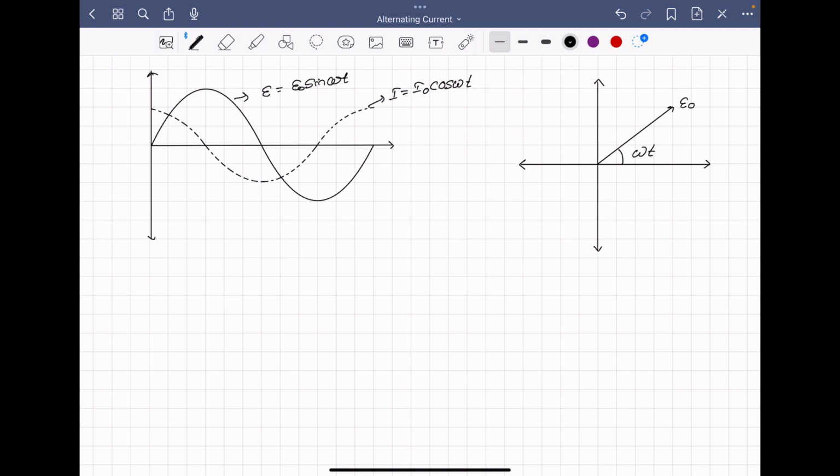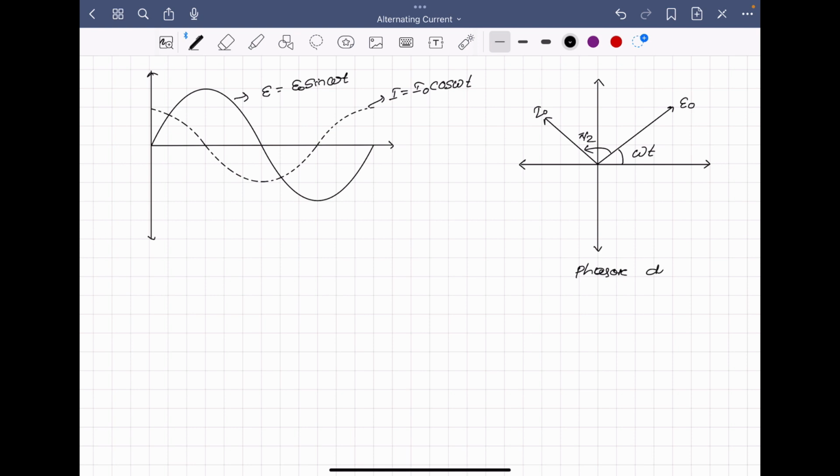As it leads by phase pi by 2, this is our I naught, this is pi by 2. This is actually our phasor diagram.